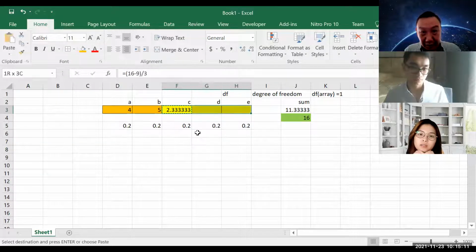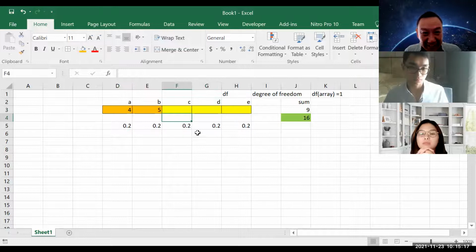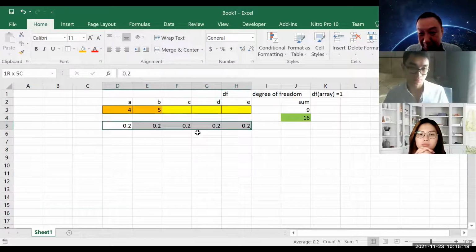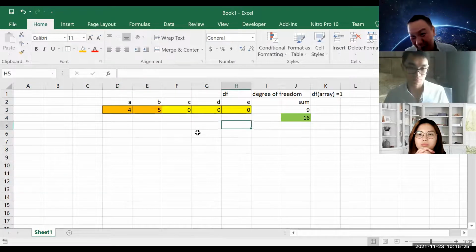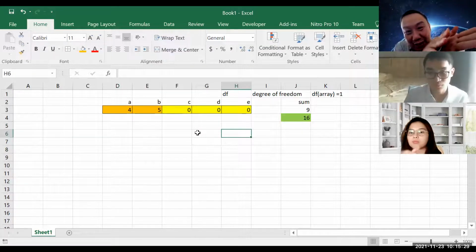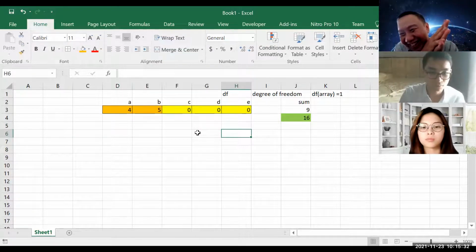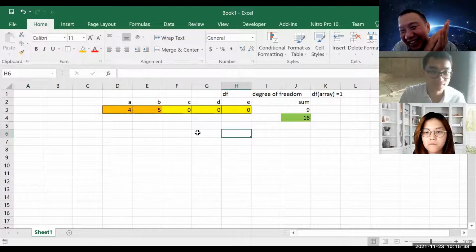So I will just give this as 0, 0, 0 as initial values. You try using solver. It's supposed to give you the value that you want, which is 2.3.